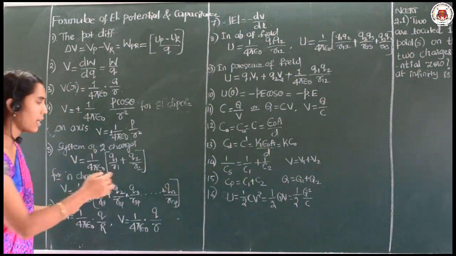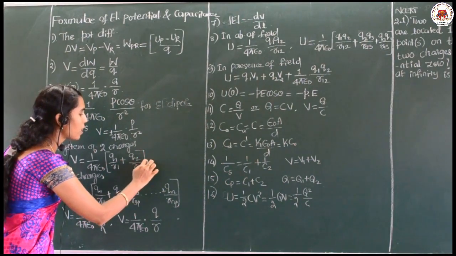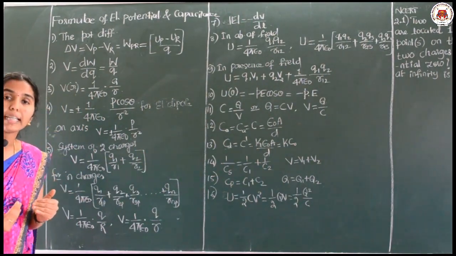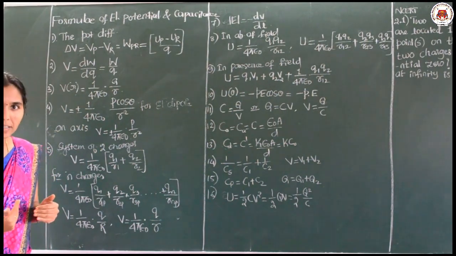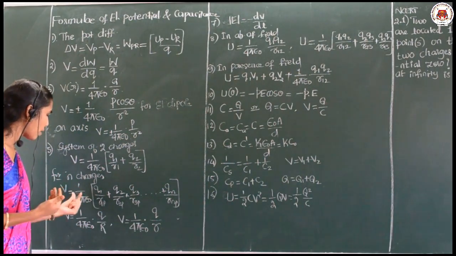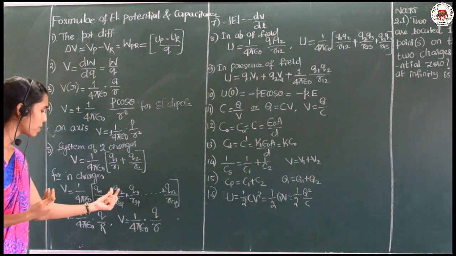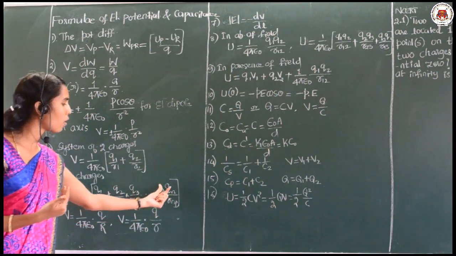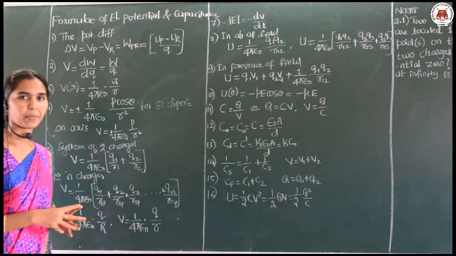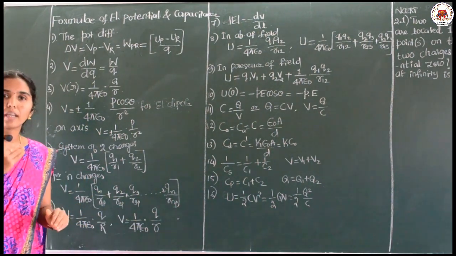If 3 are there, plus Q3 upon R3 will be added. Then for a system containing n number of charges, the same formula becomes V is equal to 1 upon 4 pi epsilon naught Q1 upon R1P plus Q2 upon R2P, and so on up to Qn upon RnP, right?